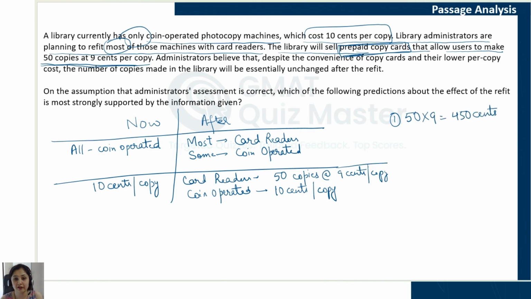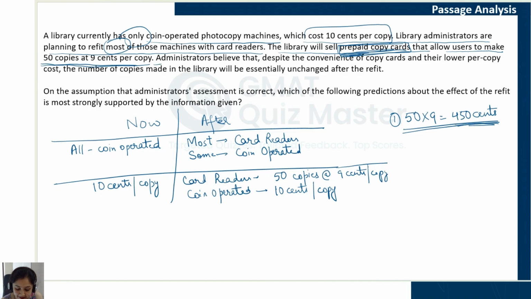Then only they will get 50 copies at 9 cents per copy, right? So this is a prepaid card. Before they go to take the copy, if they are purchasing the card, they have to pay 450 cents at least to get a copy. All right, let's read further.